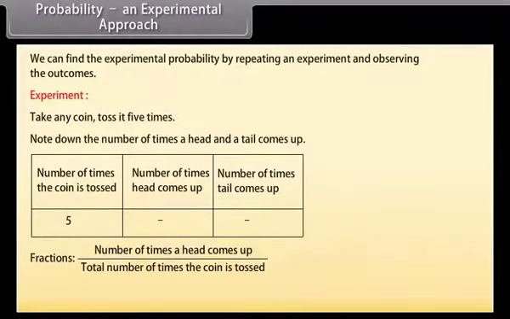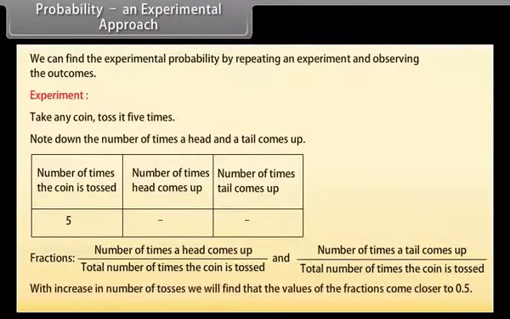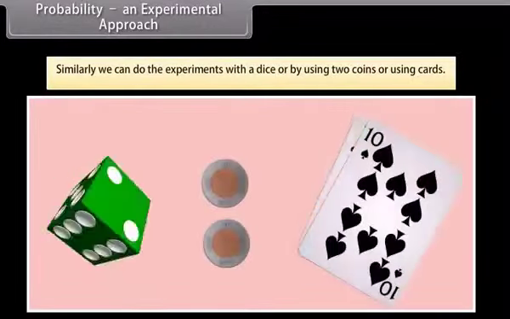First one is number of times a head comes up upon total number of times the coin is tossed, and the second one is number of times a tail comes up upon total number of times the coin is tossed. As we increase the number of tosses, we will find that the values of the fractions come closer to 0.5. Similarly, we can do the experiments with a dice, or by using 2 coins, or using cards.